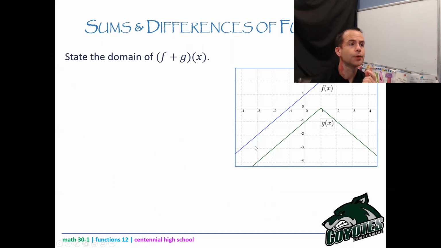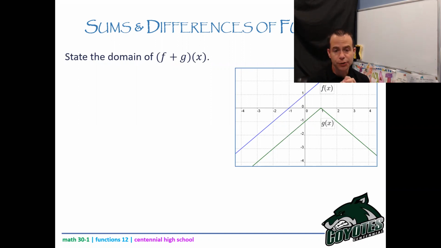And remember that when I'm thinking about performing an operation like this, the x values aren't changing. So if both originals exist in all x values, then my new function has to exist in all x values, okay?